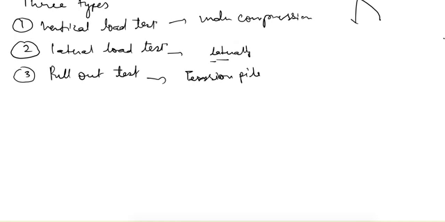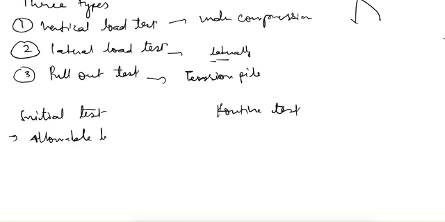Now in this test also there can be an initial test or there can be a routine test. The initial test is conducted to find out the allowable load and to predict the settlement at a working load.